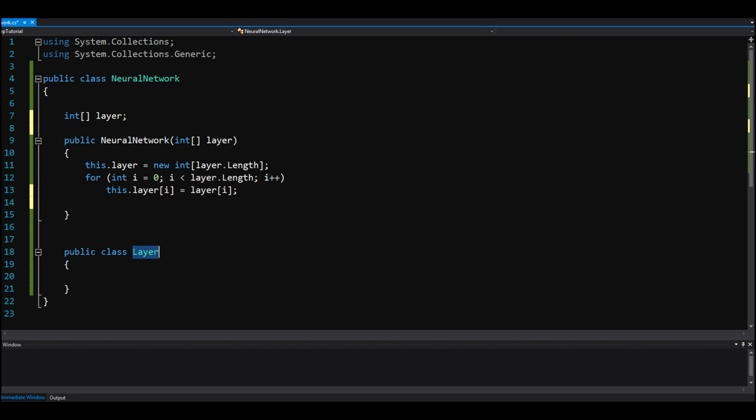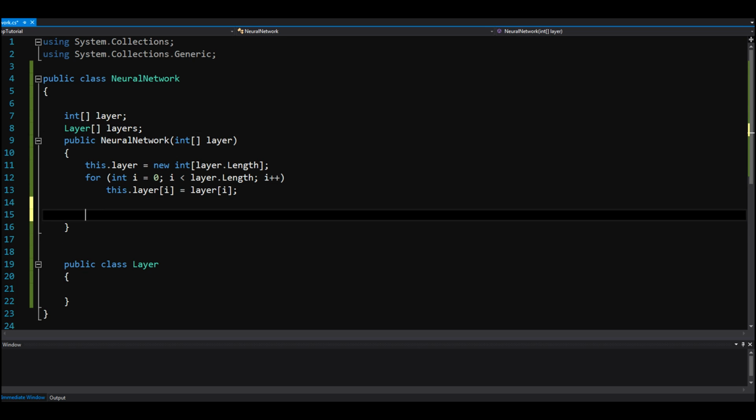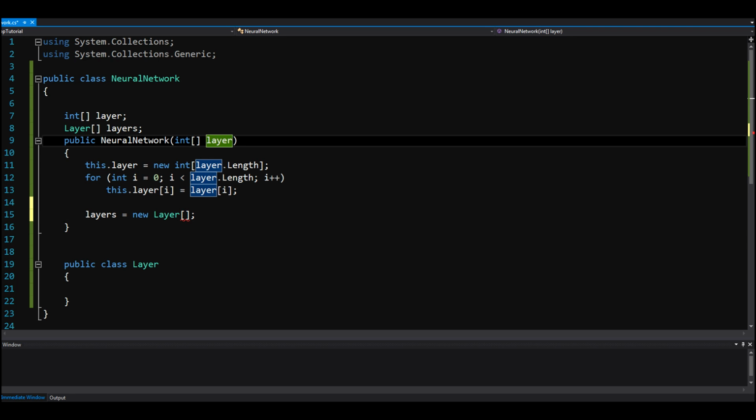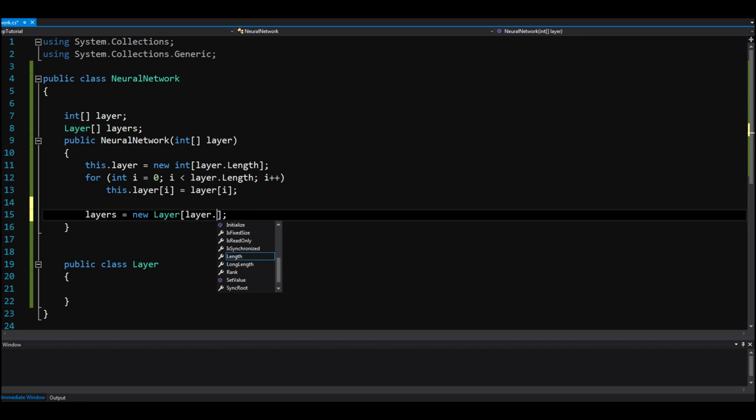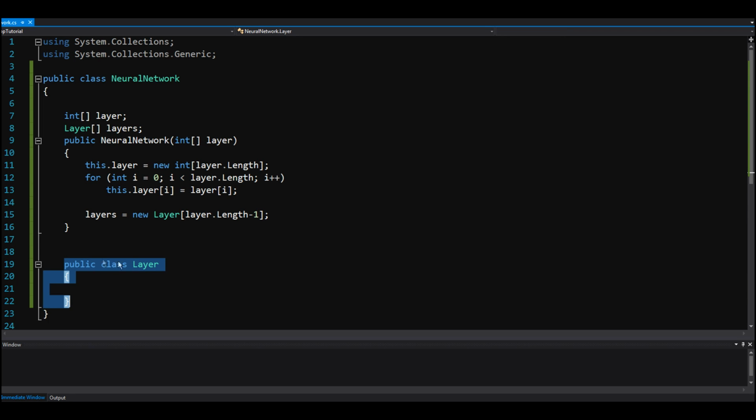So now let's also create this layer object up here. So layers is equal to new layer. And the size of these layers is going to be, because once again we're going to be ignoring the input layer, layer.length - 1.